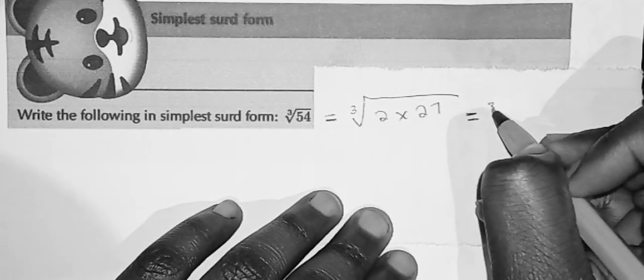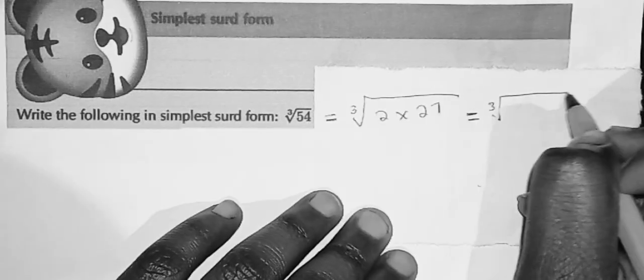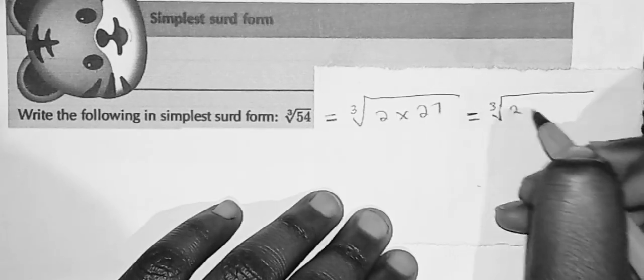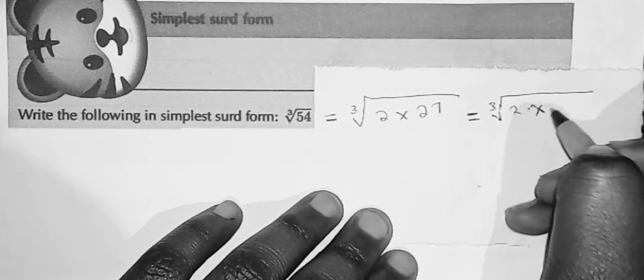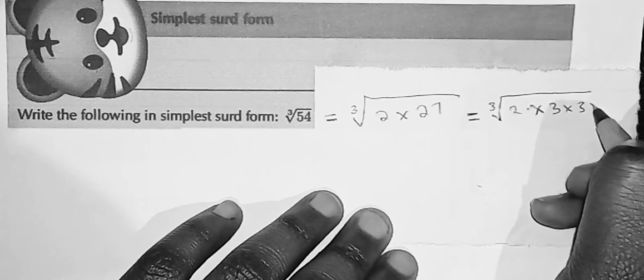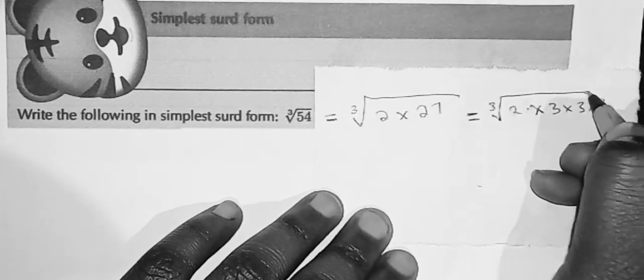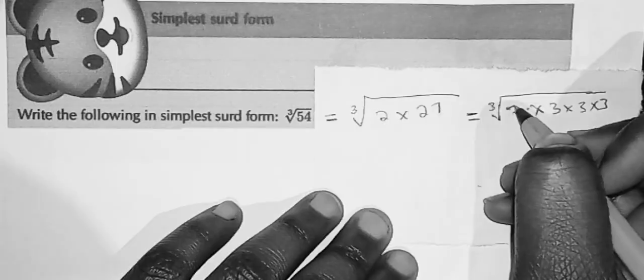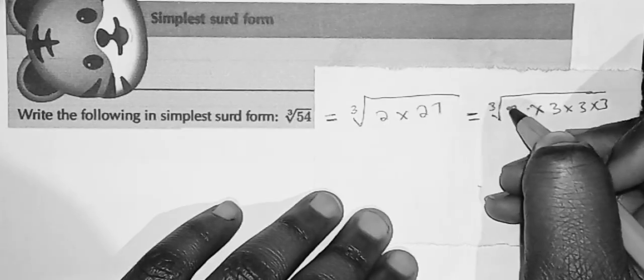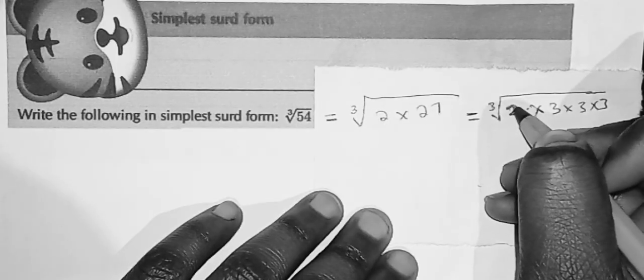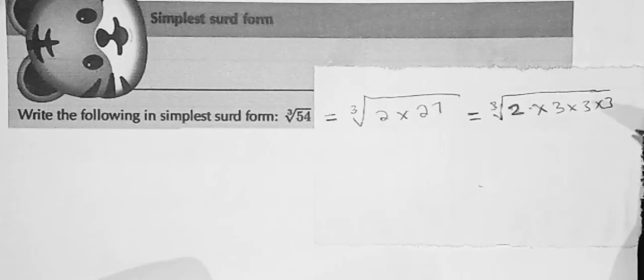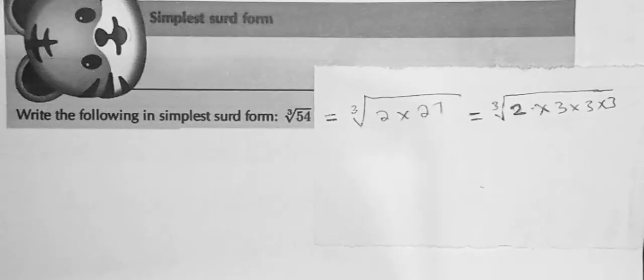So it's cube root of 2 times 3 times 3 times 3.